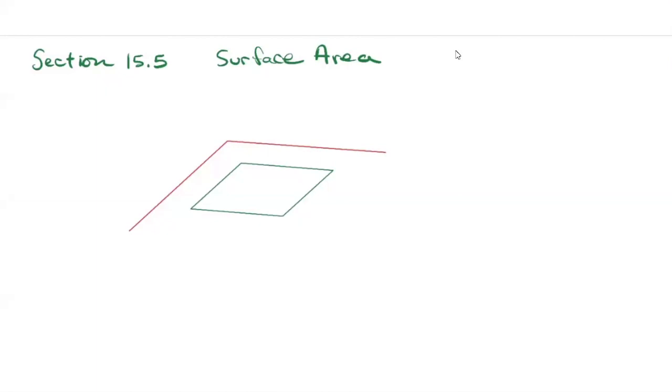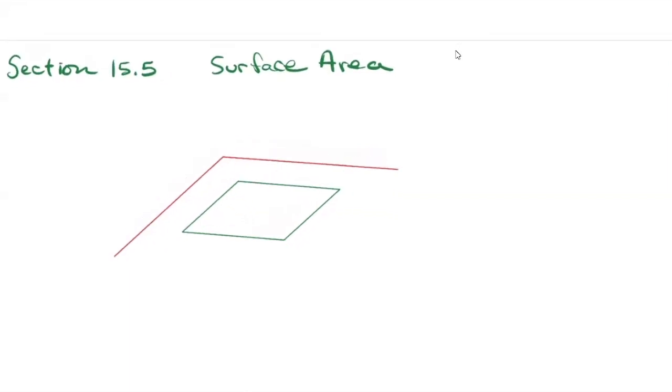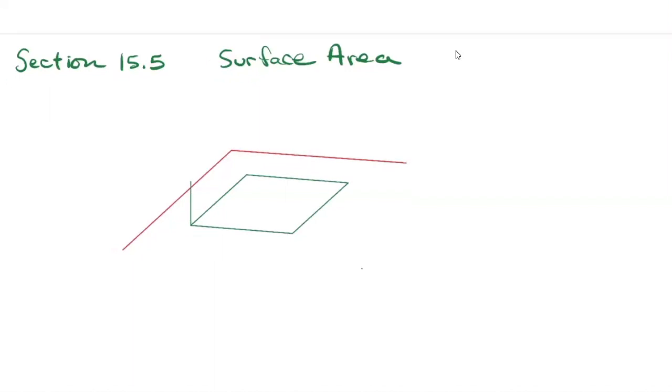It's going to be a little bit complicated. I'm actually just going to start by drawing a vertical line up just a certain distance, maybe like that. And then copying my parallelogram up to that height. Like that, maybe.